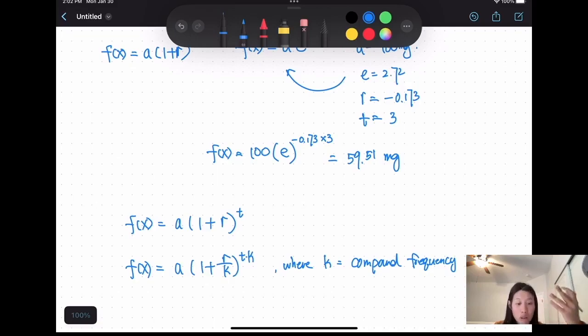If you compound quarterly, that means k equals 4. If you compound daily, k equals 365. And the last is continuous decay or continuous growth, which is A times e to the r t, where A is the initial value, e equals just a constant 2.72, r is the rate. If it's decay, it's going to be negative. If it's growth, it's going to be positive. t is the time.